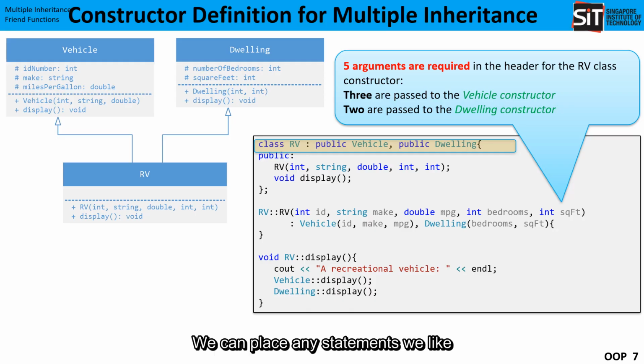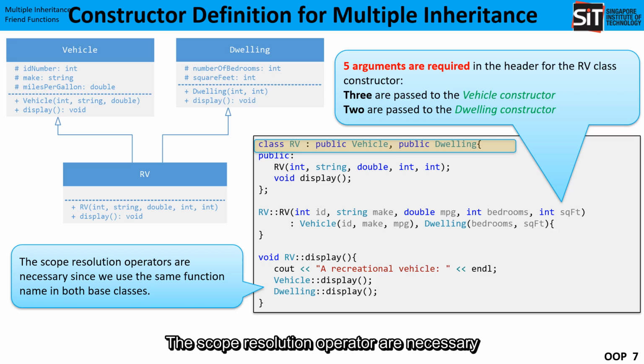We can place any statement we like within the RV class display function. In this case, because the parent classes already contain usable display functions, those functions are simply called from the child.